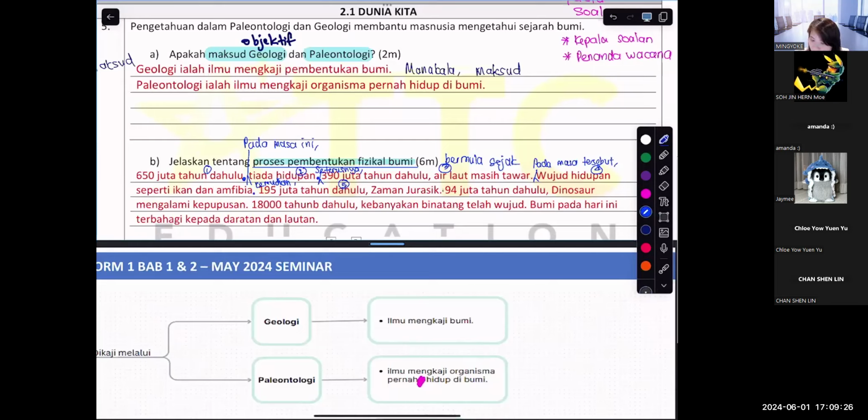Then pada 94 juta tahun dahulu pula dinosaur kepupusan. Like this. You want to split out, you split. Otherwise, don't split. The sentence is better. Yeah, the year itself is 1 mark. The year when you give it.